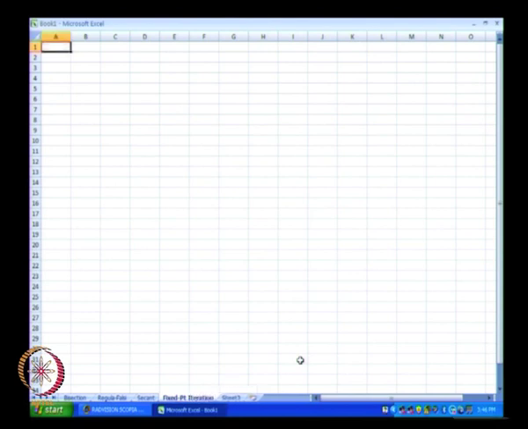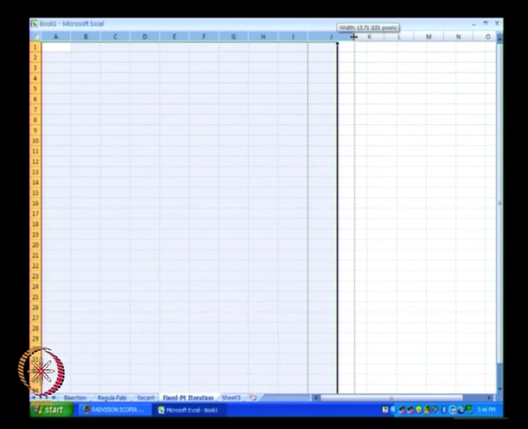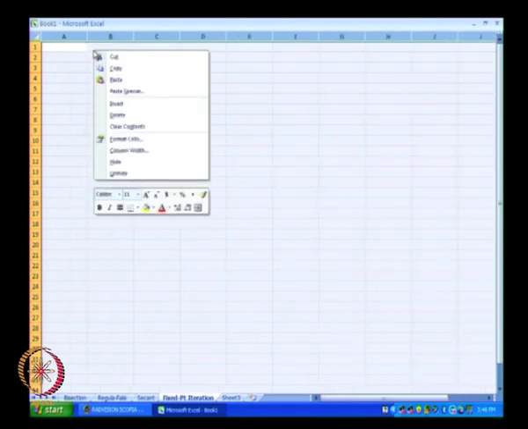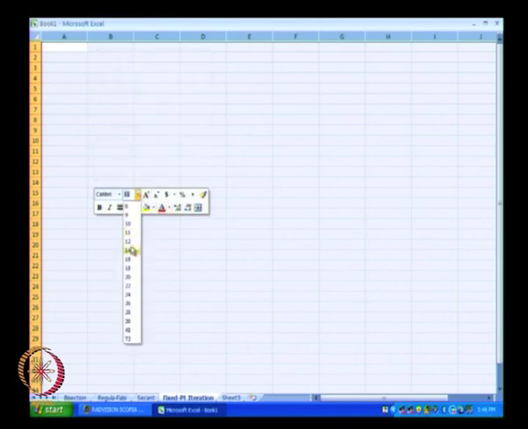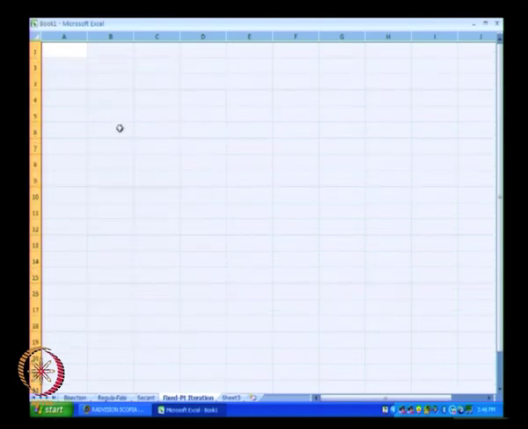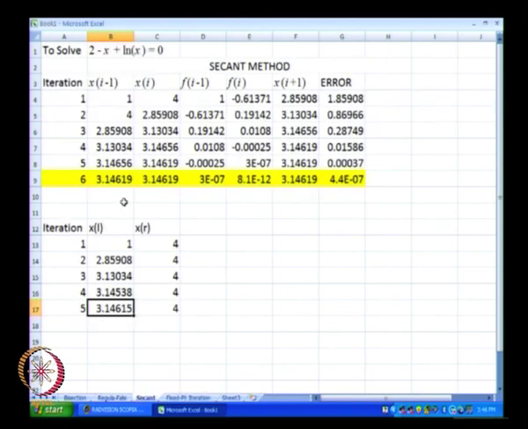The fixed point iteration method works with only one initial guess. Let us increase the sizes over here, and we will also increase the font size so that it is easier for all of you to see. And the problem that we are interested in solving is the same problem as before.